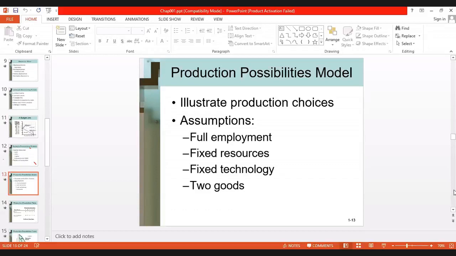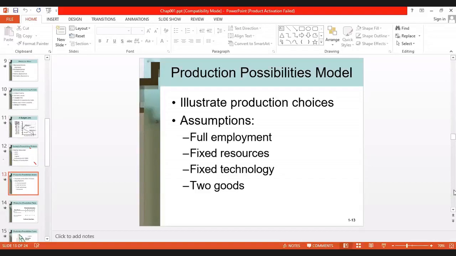Also, like earlier, only 2 goods can be produced by society from the resources. Then we can show what maximum combination of 2 goods can be produced by the society's resources, a country's resources.